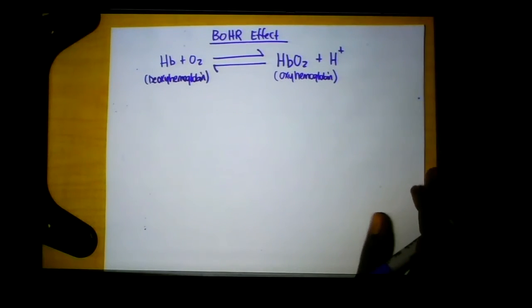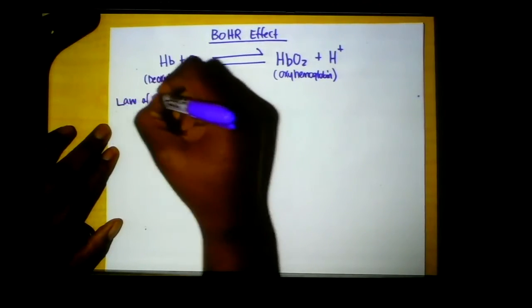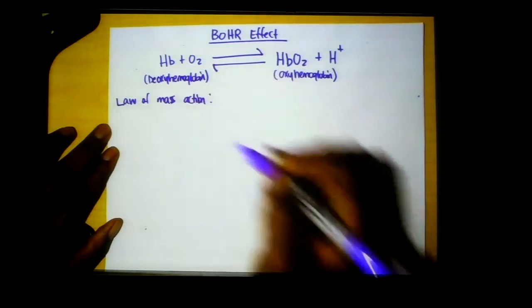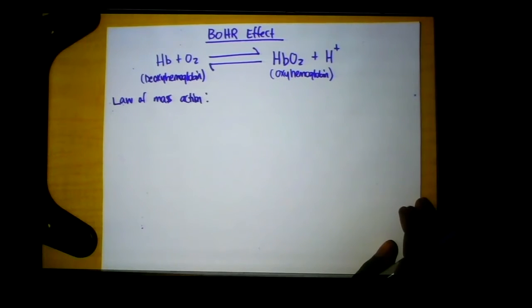Now, given the law of mass action that we spoke about, the law of mass action dictated to us that if we have more products, we drive the reaction towards reactants, and if we've got more reactants, we drive the reaction towards products.